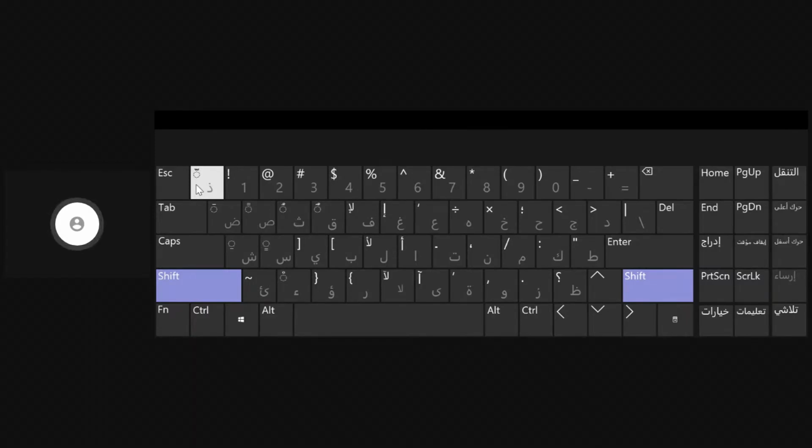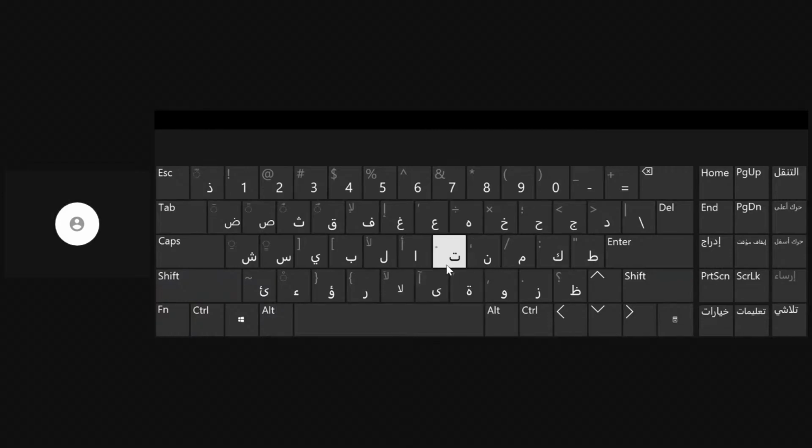All these you access by holding the shift key. I think that's everything. I know some of you are going to ask, but there is no dagger alif, small alif. That's not anywhere on the keyboard. That's a shortcut that Ustad uses in Microsoft Word.